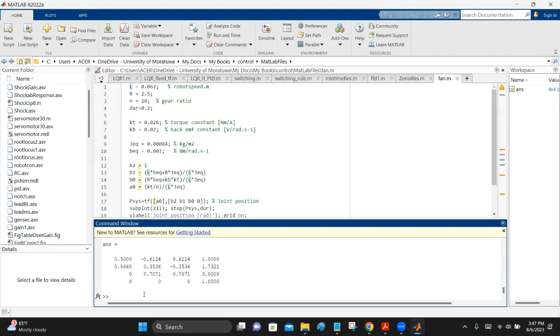Now, I want you to do a homework, that is, do this with symbolic mathematics. In MATLAB, you can use syms, say theta or something, a symbolic command.